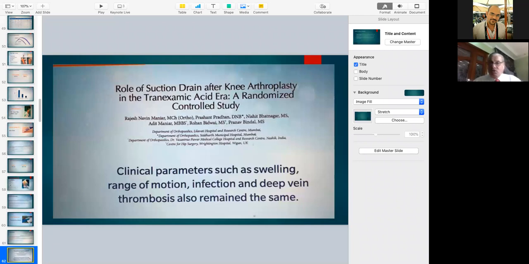There is also other evidence on the role of suction drain after knee arthroplasty, even for those using a tourniquet or tranexamic acid, whether we can use a drain or not. But when there is no drain, keep in mind that you must ligate all the vessels precisely, so as not to miss some of the vessels that cause hematoma.